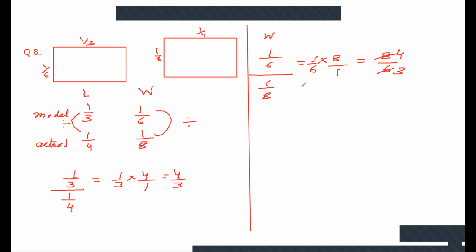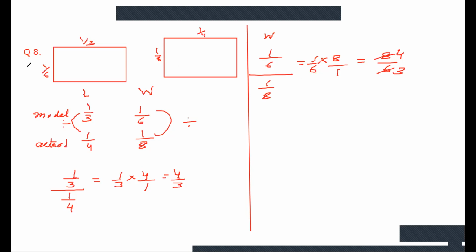Am I correct? Yes. And if I see the width also, they are proportional, girls. I get 4 over 3. When I get both the same, that means they are proportional. Okay?